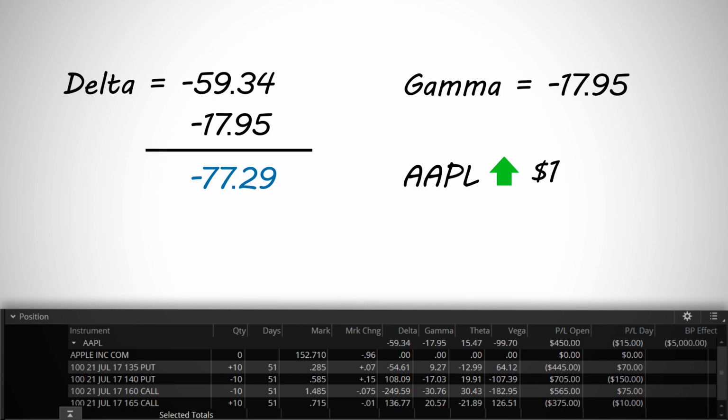Gamma tells us what our position would lose if Apple trades up another $1, and that is $77. As we can see, our short delta position continues to get higher as the stock continues to trade up. Again, gamma is not something that's evaluated frequently, as it starts to become second nature to traders with experience. It should just be understood that the delta will change as the stock moves, and gamma is a way to measure that change.